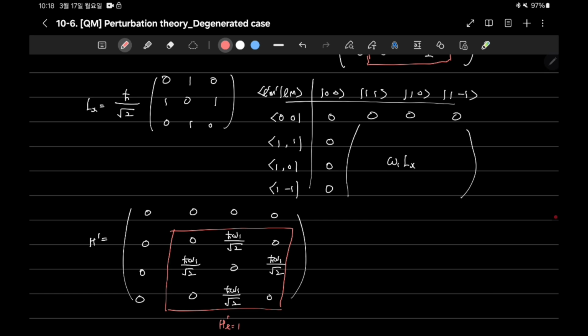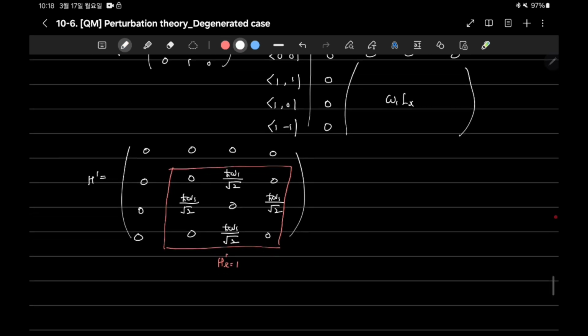We should analyze the energy equation, so we should diagonalize this perturbed Hamiltonian.